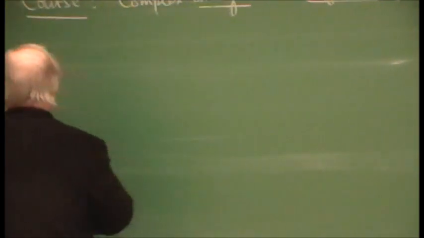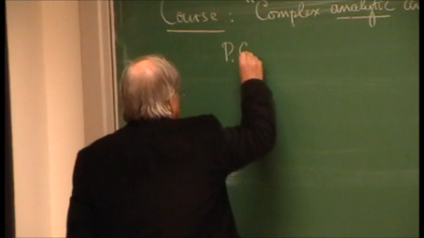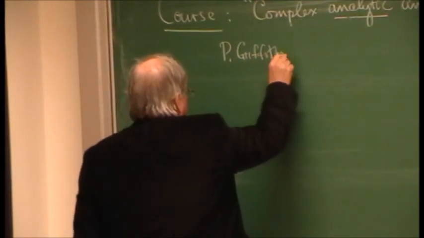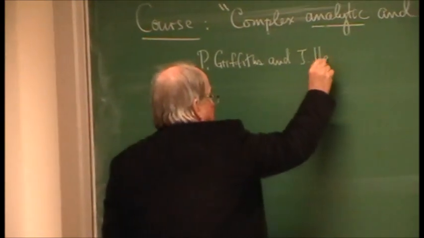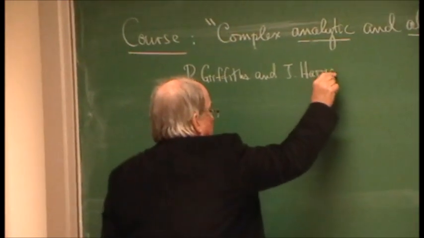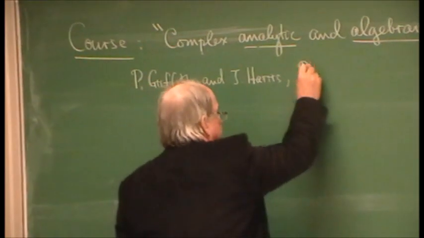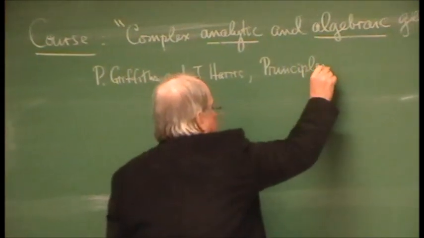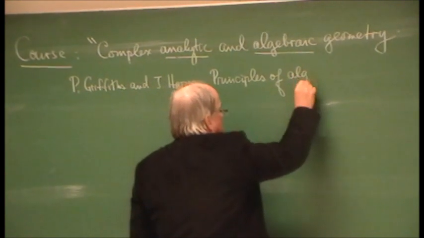One, the first reference, which is very good from my point of view, is the book of Phil Griffiths and Harris, which is nowadays an old book, but it's called Principles, I still like it, of Algebraic Geometry.